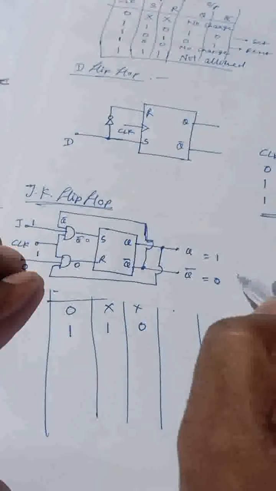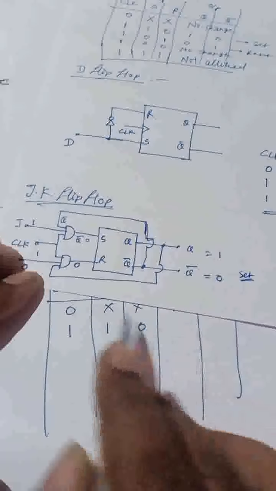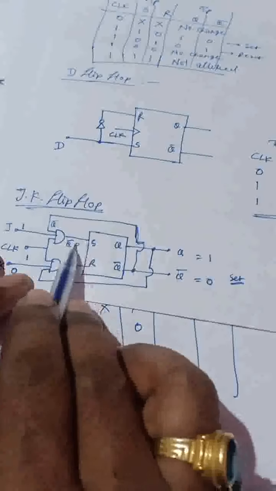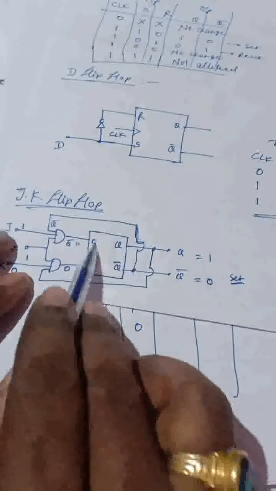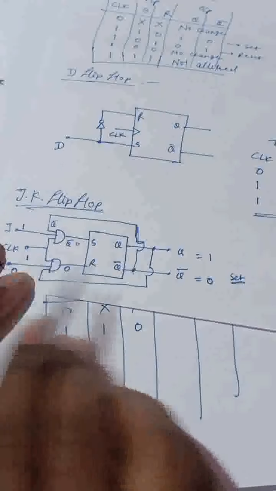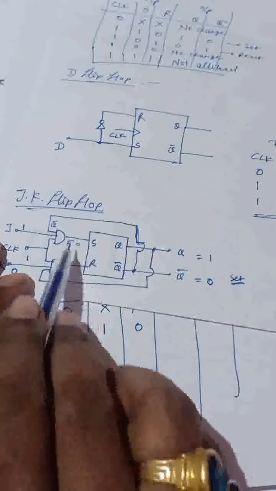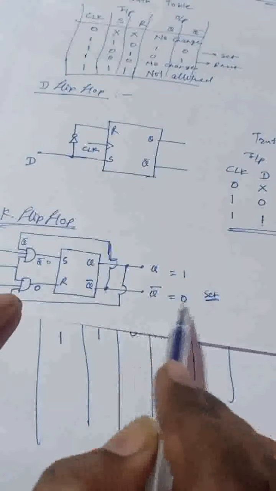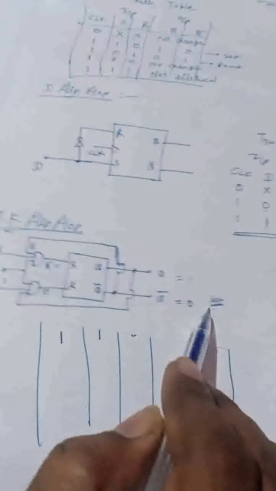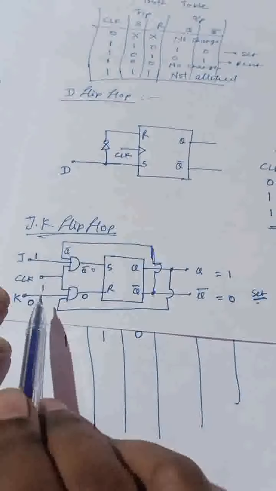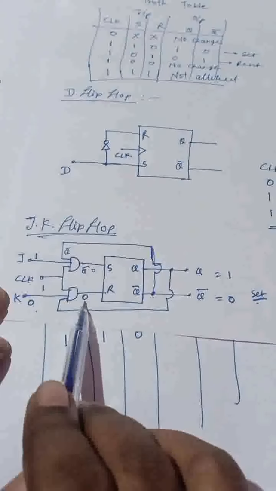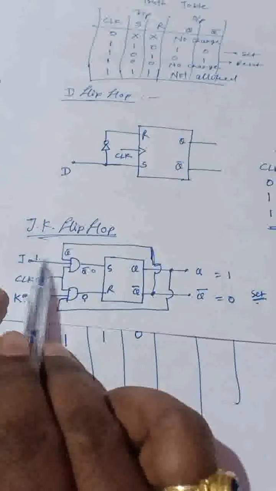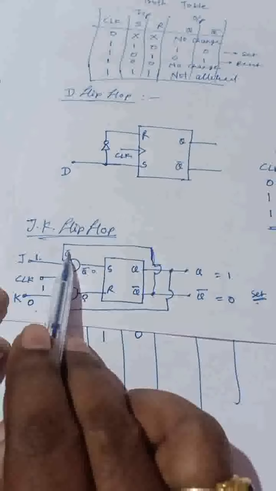It means that the flip-flop was previously in the set condition. Then S becomes 0 and R becomes 0, and S equal to 0, R equal to 0 is a no change condition. That means if the flip-flop is in the set condition and we apply J equal to 1, K equal to 0, the output of the K AND gate is 0, and the output of the J AND gate depends on Q bar.